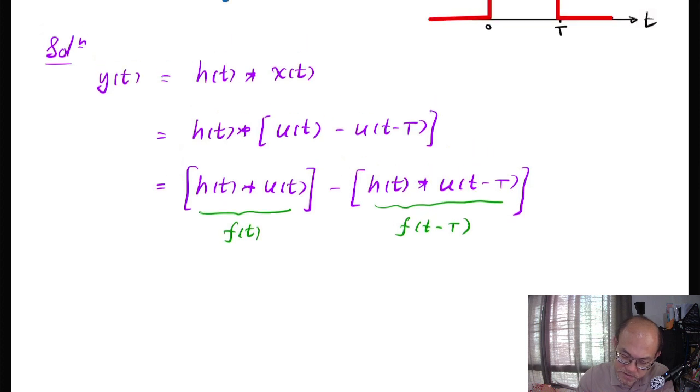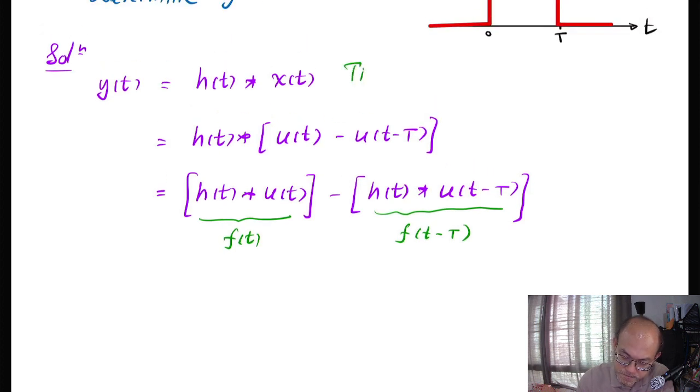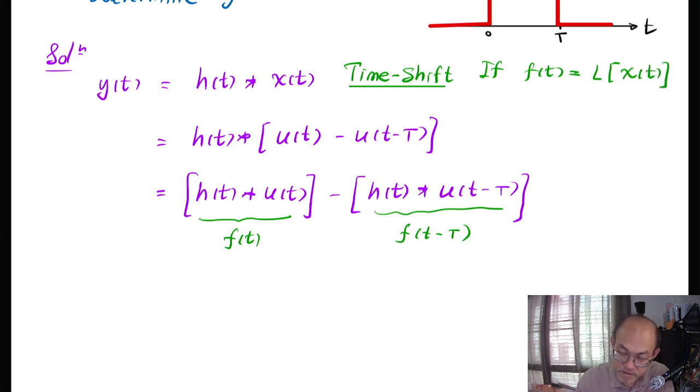You remember the time shift property? Time shift states that if f is the result from applying x into the linear time invariant system, then L of x of t minus capital T will be f of t minus capital T. So this is the time shift property, right?